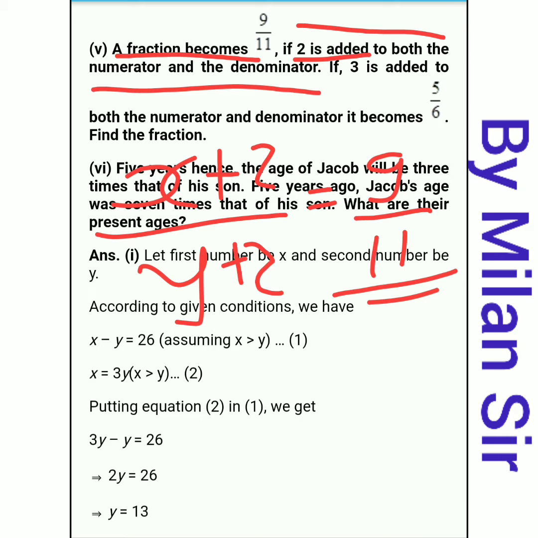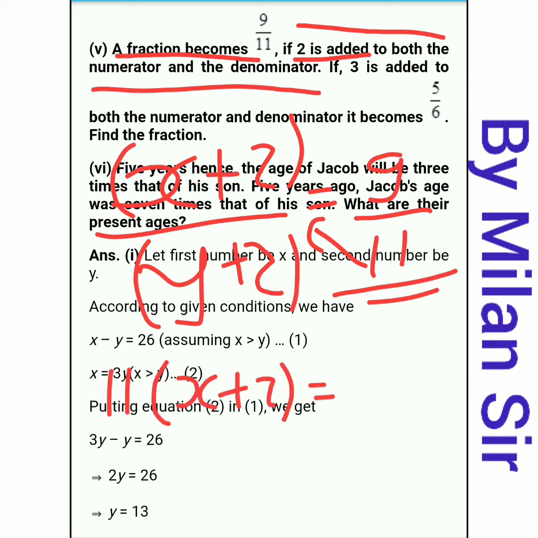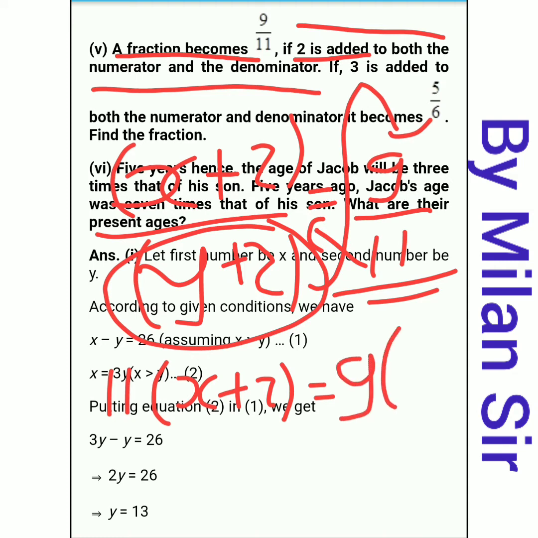Now just do the cross multiplication here. So 11 goes to the left hand side and goes to the numerator: 11 in bracket x plus 2 is equal to, transferring the bracket y plus 2 to the right hand side, it goes to the numerator, so 9 multiplied by y plus 2.